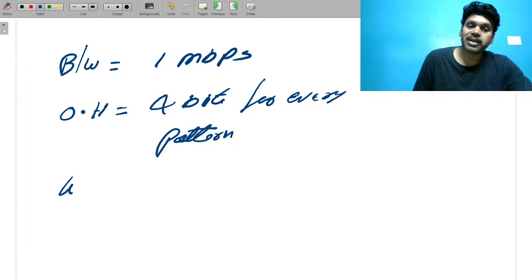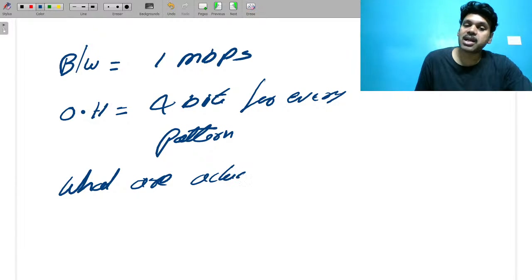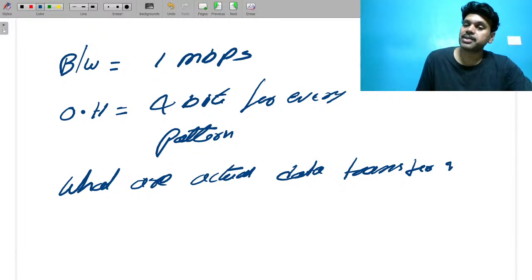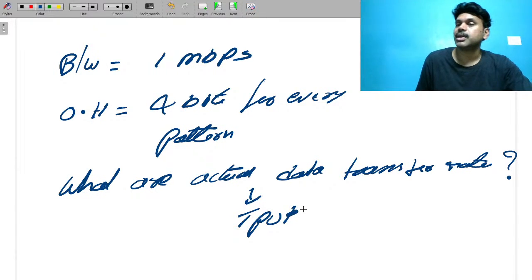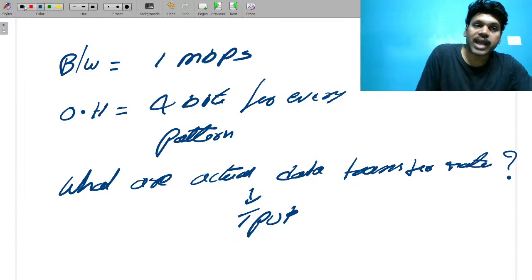Now he is asking what the actual data transfer rates are. Actual data transfer rate, nothing but he is indirectly asking for throughput. What is the actual throughput?